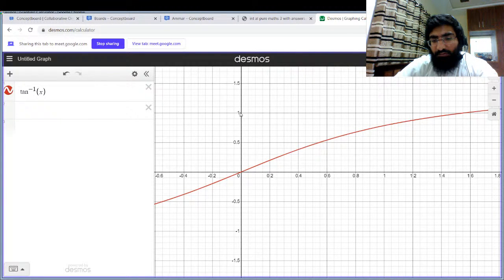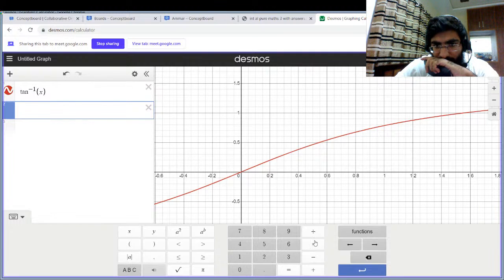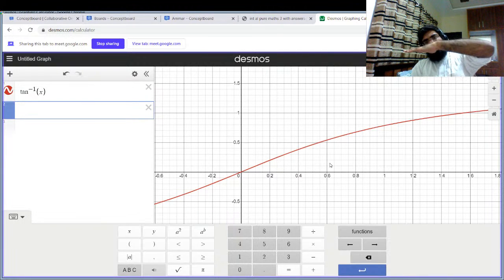Yes. So asymptote would be at 1.57. So the next thing will be from 1.57, above it diagonally. At 1.57 it will become parallel to the x-axis, and below it at minus 1.57 it will become parallel to the x-axis.